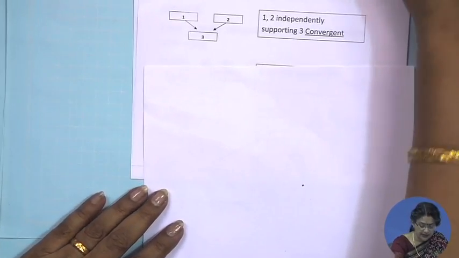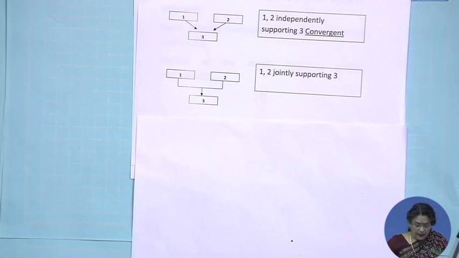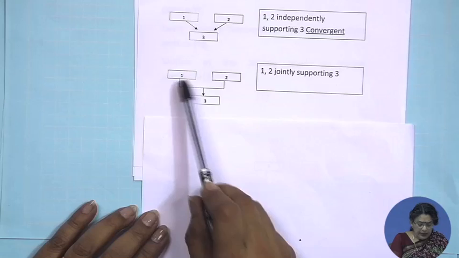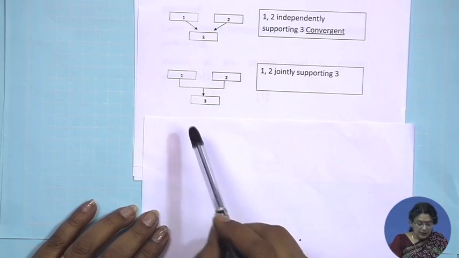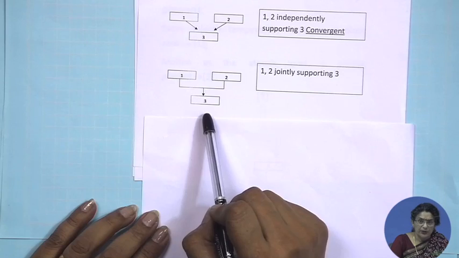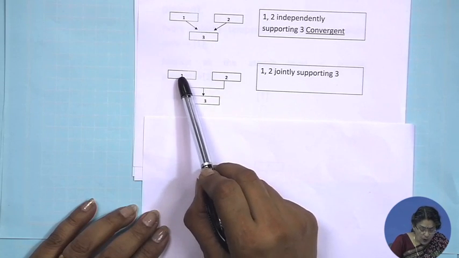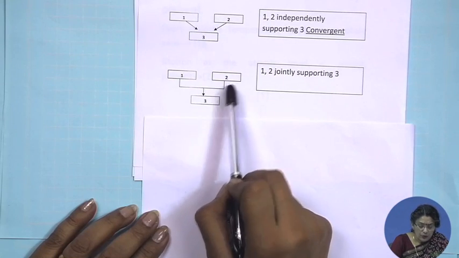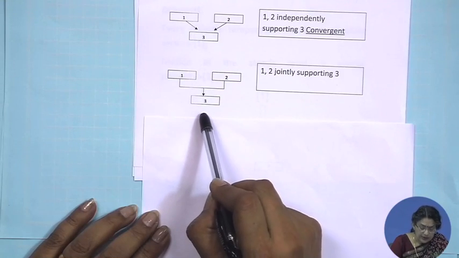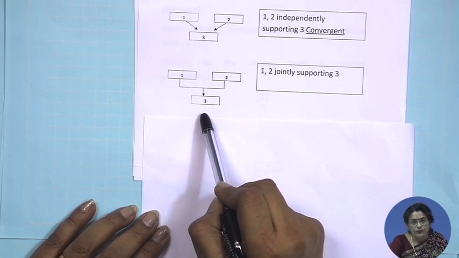Now, we will show you actual examples in a second. Compare that with this structure, the second one. Here also we have 3 components, but look at the way the premises are supporting the conclusion. So, 1 and 2, they are the premises and they are jointly supporting 3. How to indicate that?